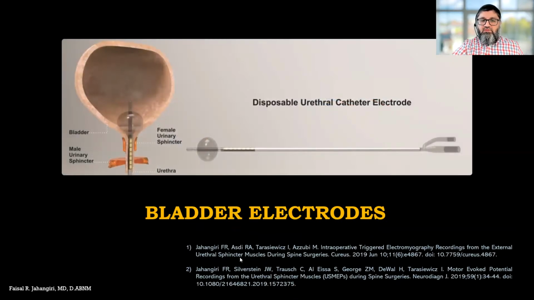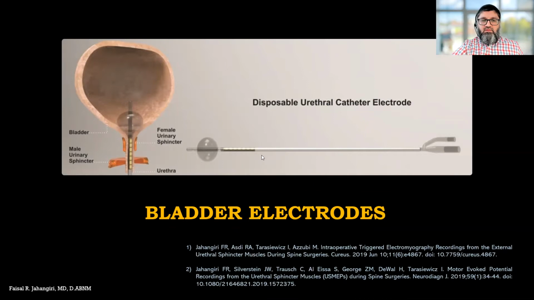So these are the two references I have for you for recording motor evoked potential and trigger EMG, two papers recording from patients. These bladder electrodes are thin film which is stamped on a Foley catheter next to the bulb, and it's a bipolar electrode.